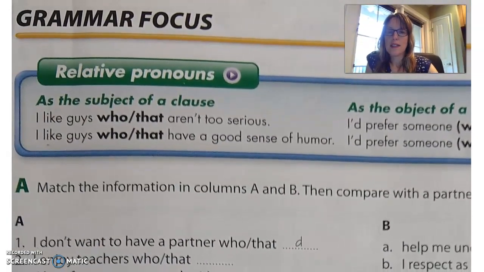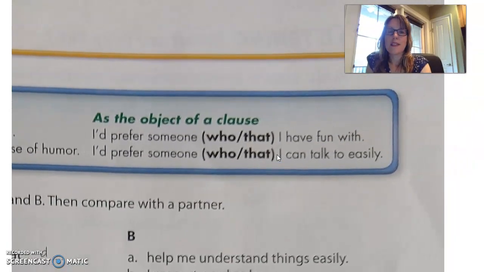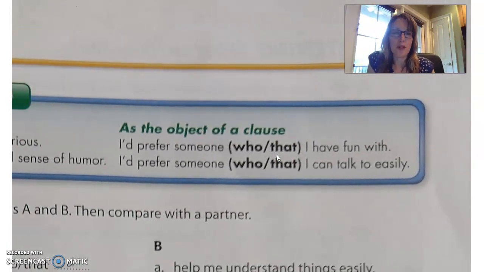All right, so here we have a couple of examples with adjective clauses, and this was similar to my sentence. I like guys, use who or that, not both, aren't too serious. I like guys who or that have a good sense of humor. Now this is a different type of adjective clause.